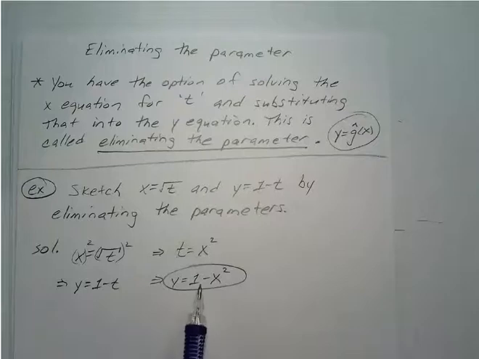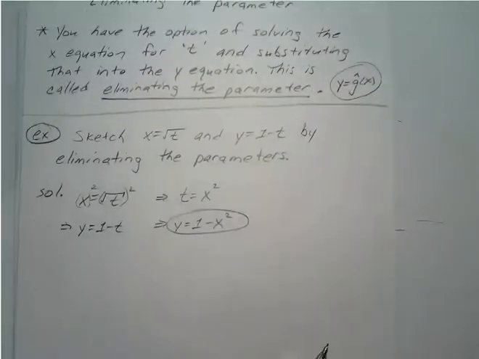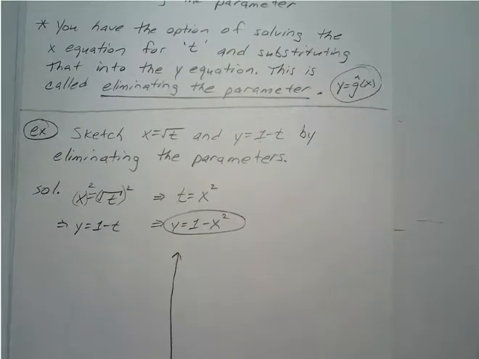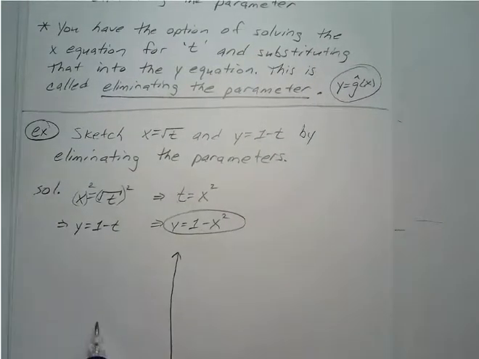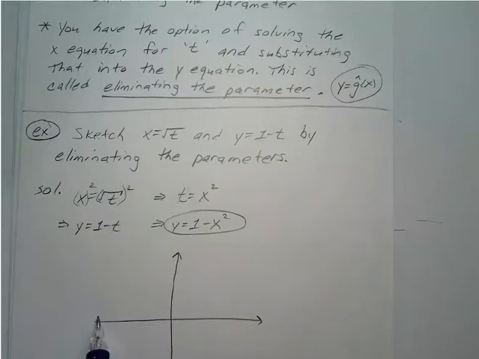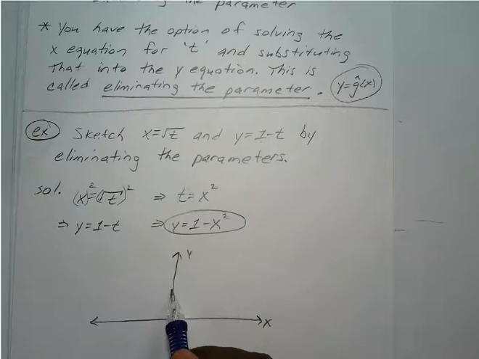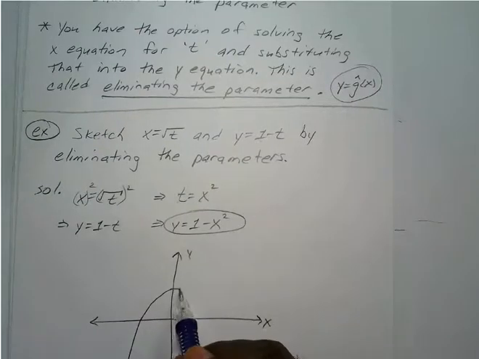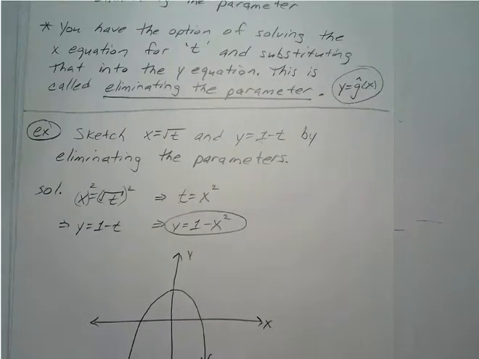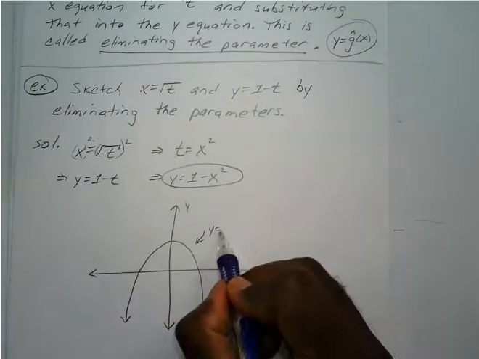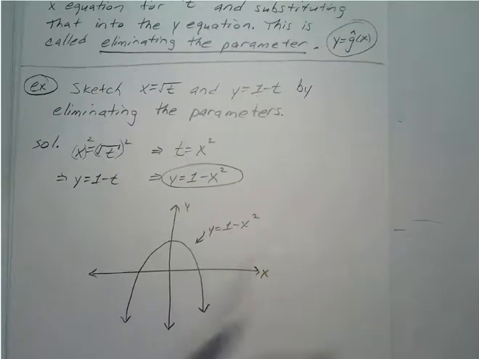So if we graph 1 minus x squared, we end up with this in particular. So you have your x and you have your y, and 1 minus x squared kind of looks like this. So y equals 1 minus x squared.